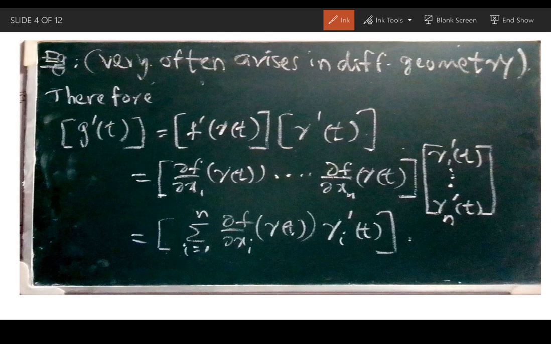Now, in the chain rule, we had written g dash of t is equal to f dash of gamma of t into gamma dash t. What is meant by that into? Into means multiplication. So what is multiplication of linear transformations?